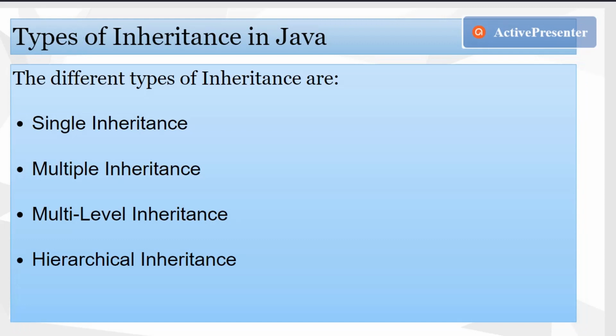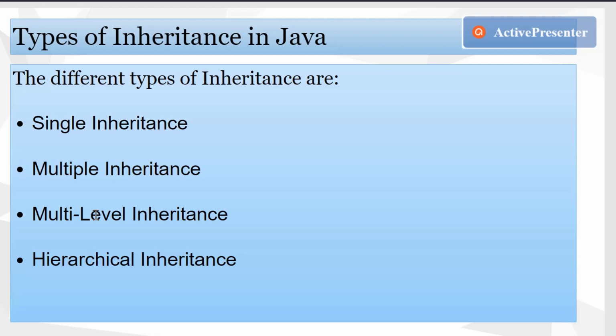Types of inheritance in Java. The different types of inheritance: single inheritance, multiple inheritance, multi-level inheritance, and hierarchical inheritance. In single inheritance, only one superclass is there. In multiple inheritance, several superclasses are there.